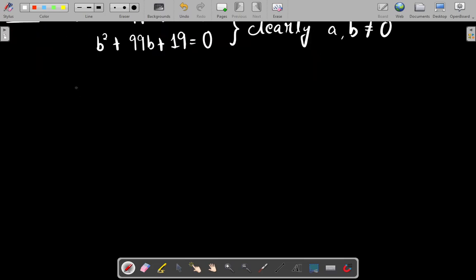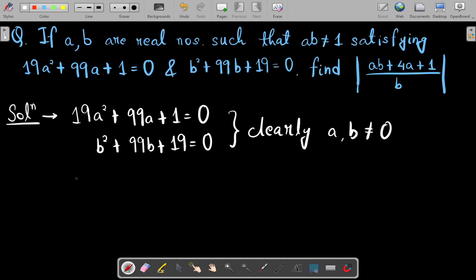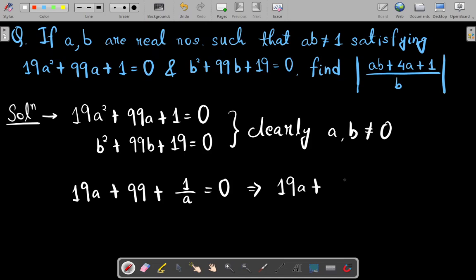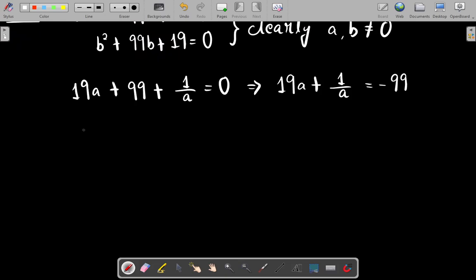So we can divide each equation by a and b respectively. Dividing the first equation by a, we get 19a + 99 + 1/a = 0, so 19a + 1/a = -99. Similarly, dividing the second by b, we get b + 99 + 19/b = 0, so b + 19/b = -99.